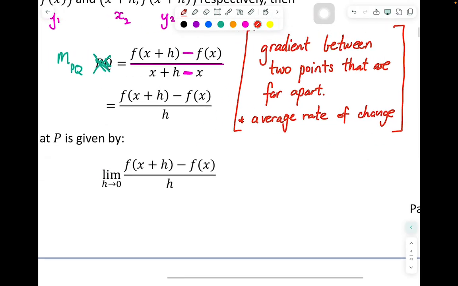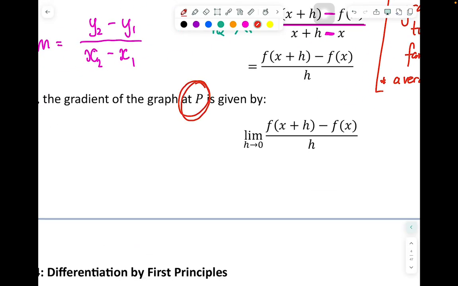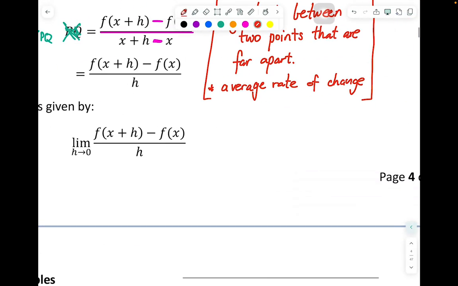However, when we find the gradient at a single point, we are bringing the points close. It's still the same calculation, except this time we're bringing the points super close to each other.